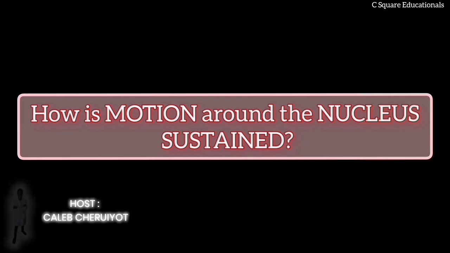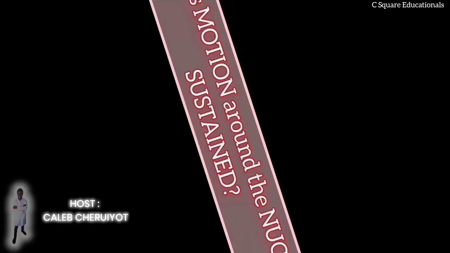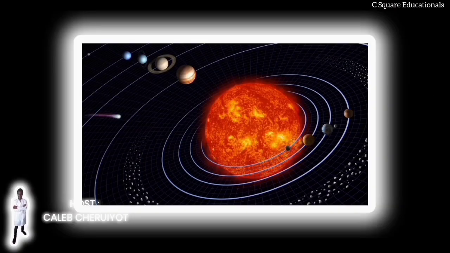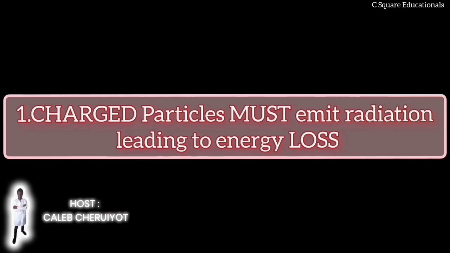Initially, scientists drew inspiration from the solar system, with a dense nucleus, the sun, orbited by smaller particles, the planets. However, this model posed two significant issues. First, charged particles that accelerate must emit electromagnetic radiation, by observations and at least by Maxwell's equations.